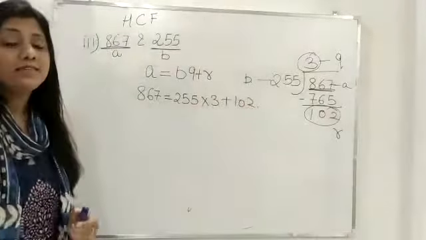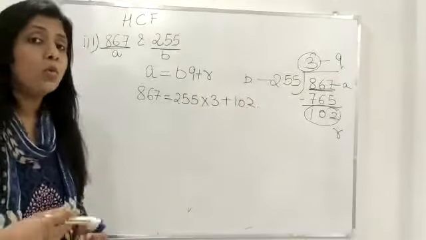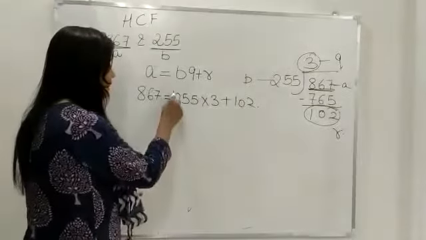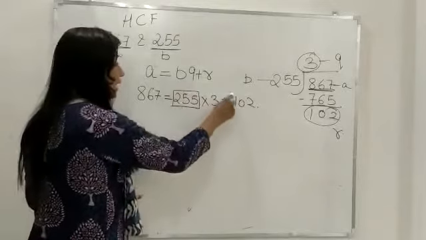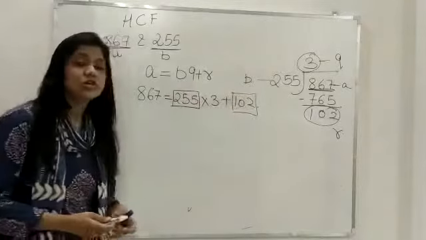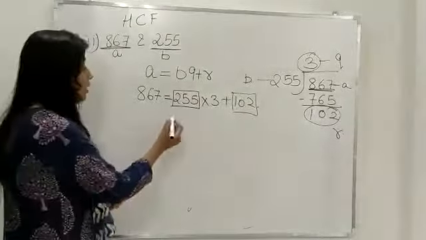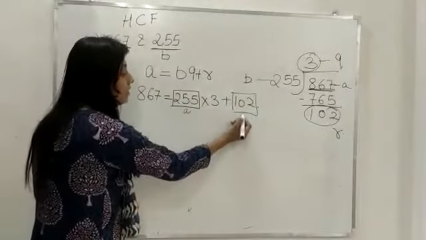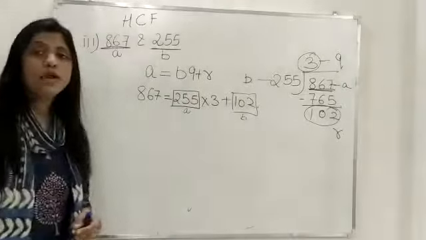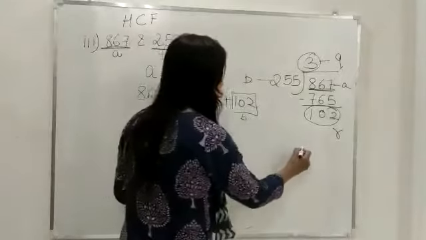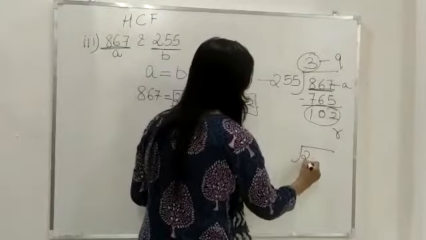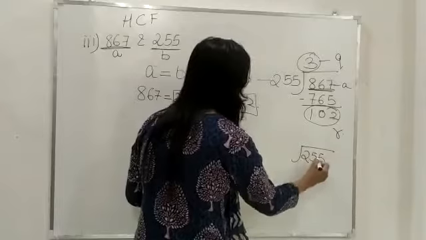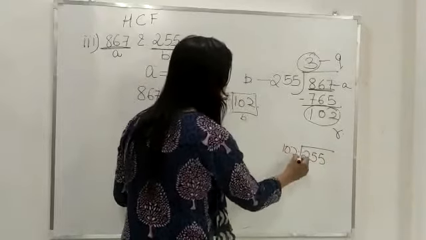So since the remainder is not 0, I will take these two numbers and again apply Euclid's division algorithm. So here this will be my A and this will be my B. So let's do the division. 255 divided by 102.